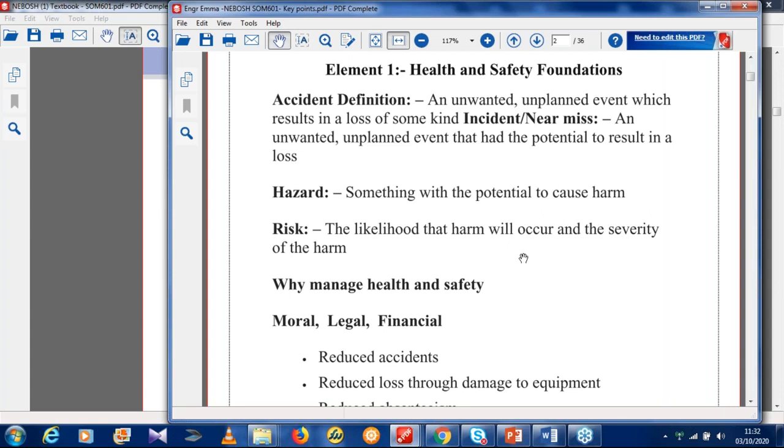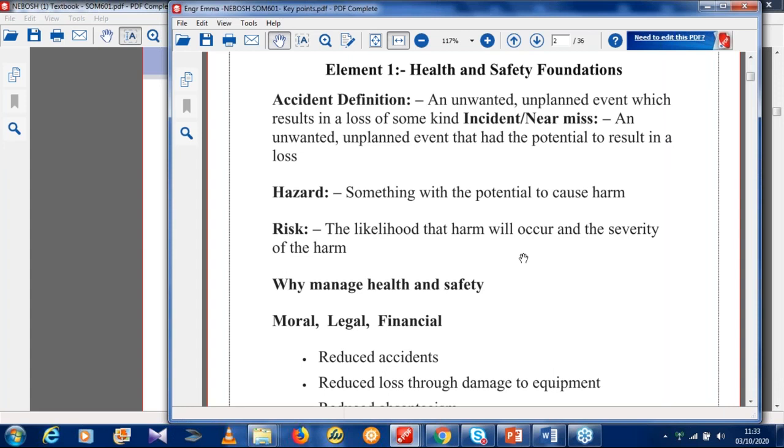When we are working in our environment, we are always surrounded by some factors that have the potential to cause harm.